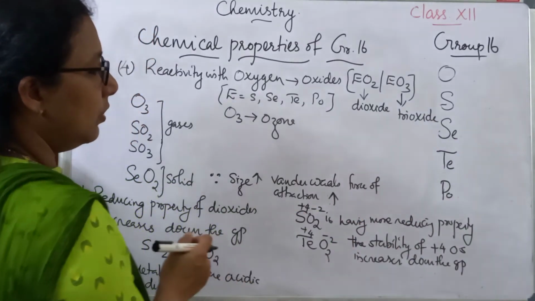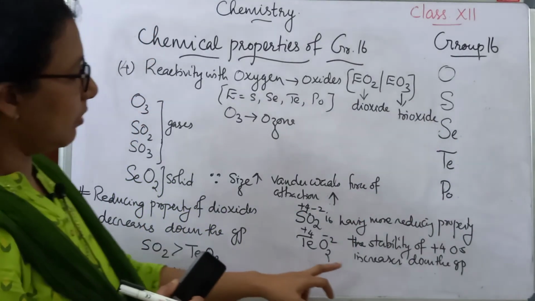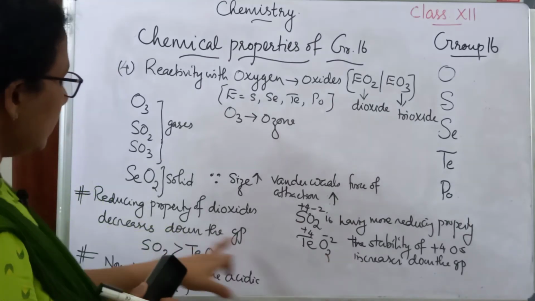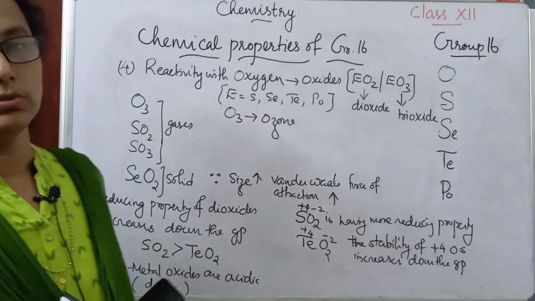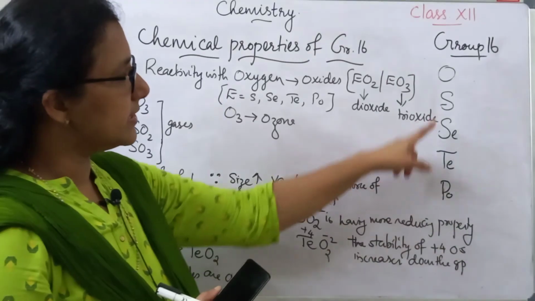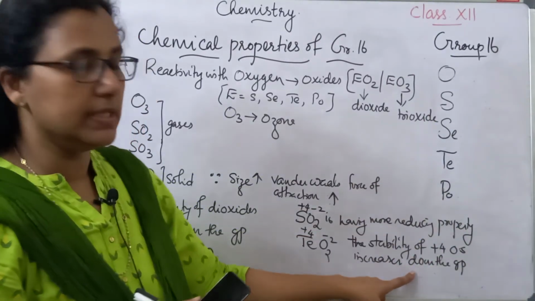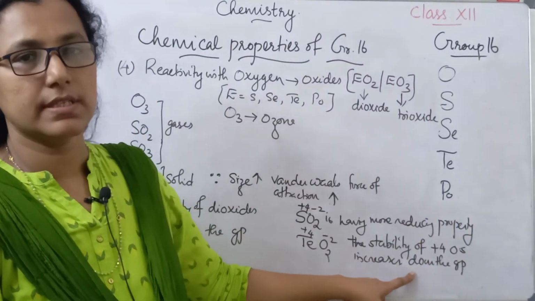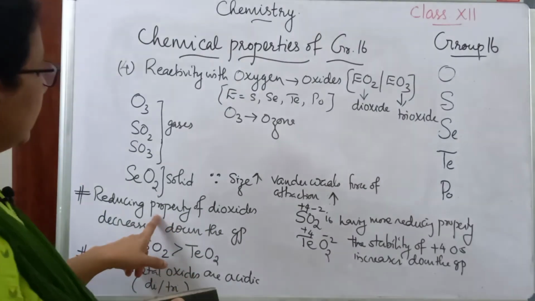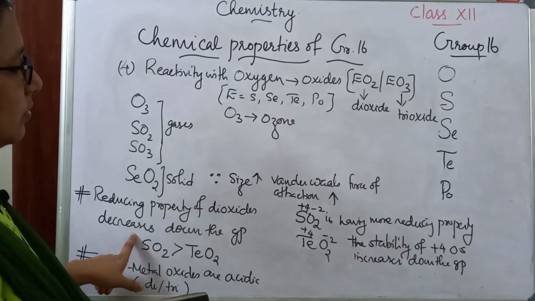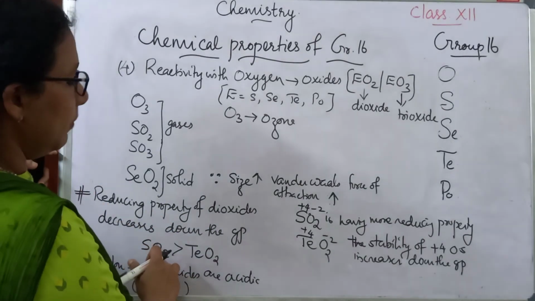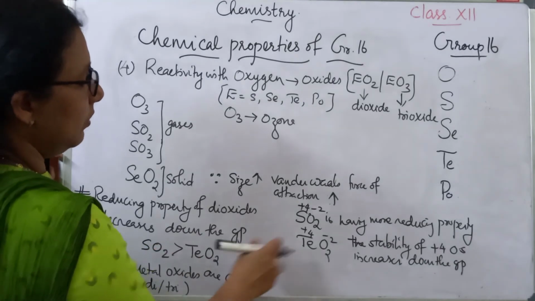That means the oxidation property increases down the group. So the reducing property decreases down the group, and SO2 will be more reducing than TeO2.